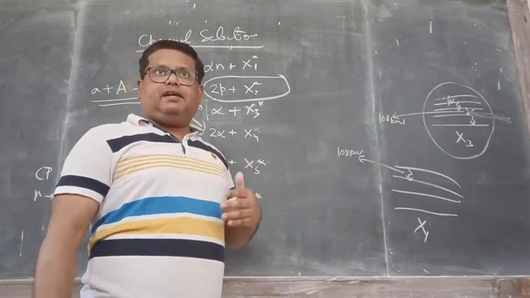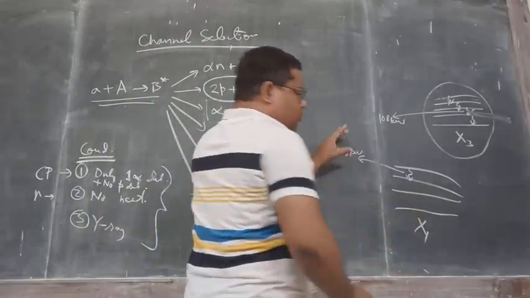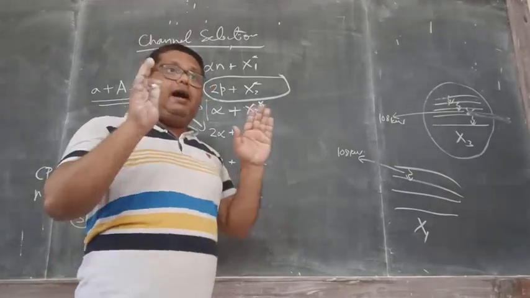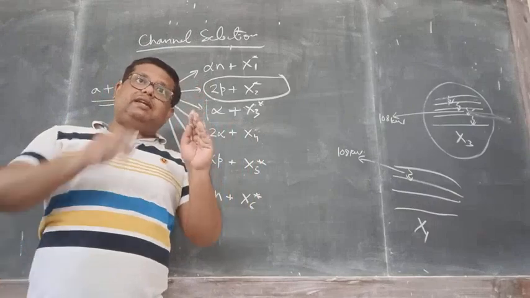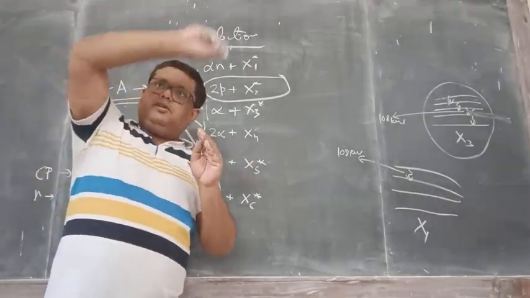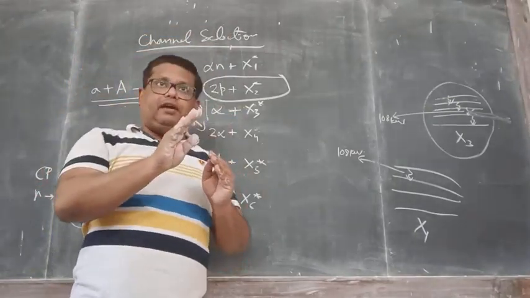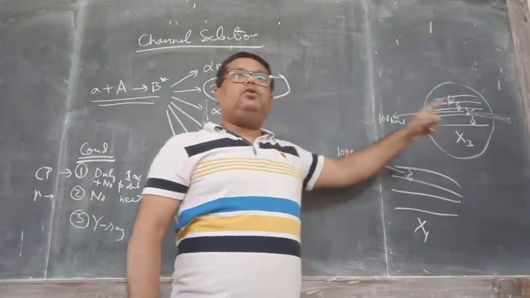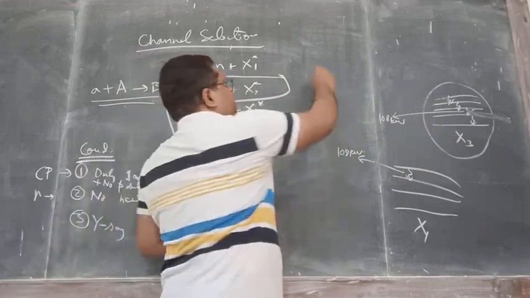You take the entire data and do a selection. 108 keV is an energy, and this gamma ray can be from many other nuclei. You have to select the 108 keV gamma ray which comes from X3. So you do a gamma gamma matrix.